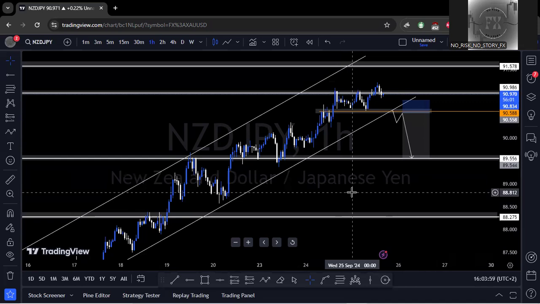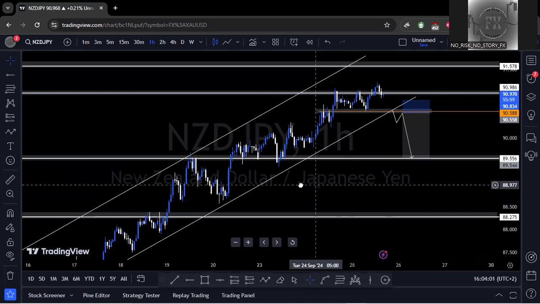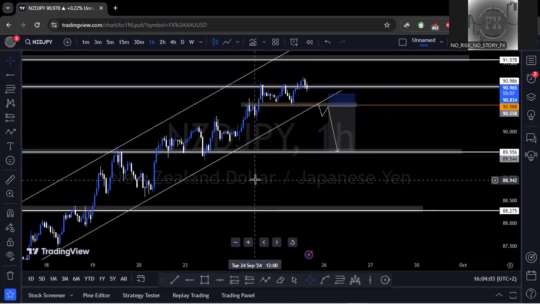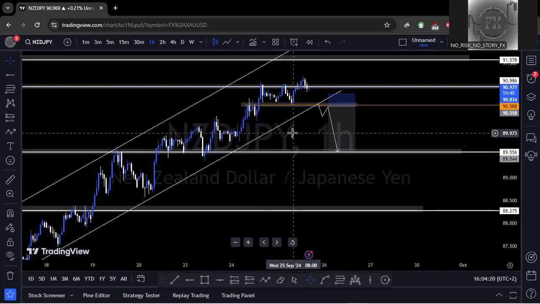So I can't be expecting one to sell, then expect the other one to buy, right? If I'm expecting one to sell, I should also expect the other one to sell, because to me they are the same. The pairs might be different, like NZDJPY, GBPJPY, but the structure is the same for me.